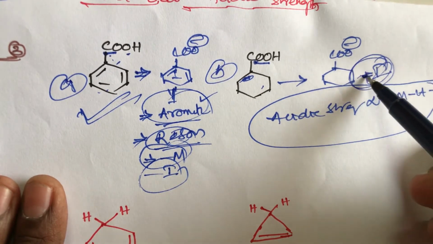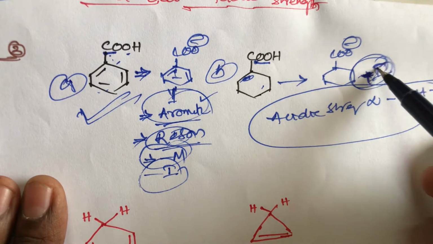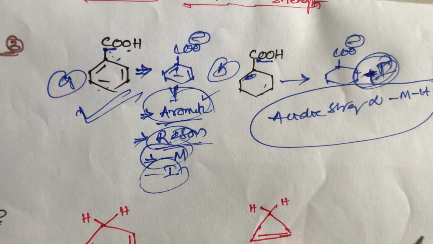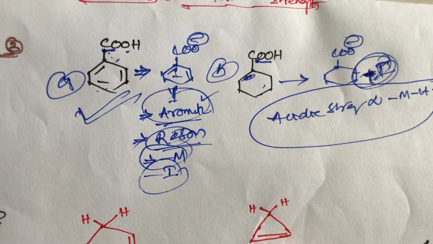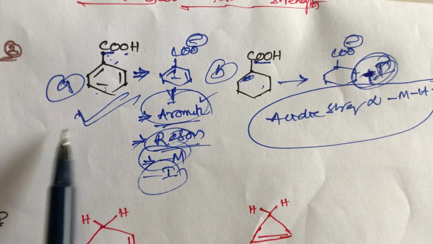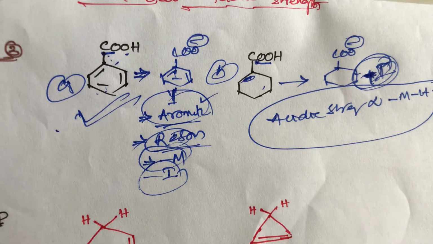A plus I group is inversely proportional to acidic strength, and minus M and minus I are directly proportional to acidic strength. These are the simple tricks, students. So aromatic compounds are more acidic than the cyclic compound. This is very important, a simple trick.